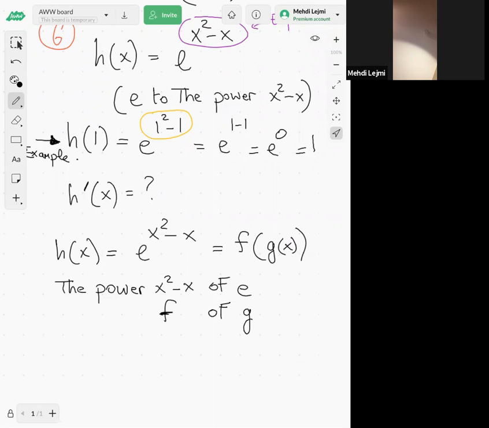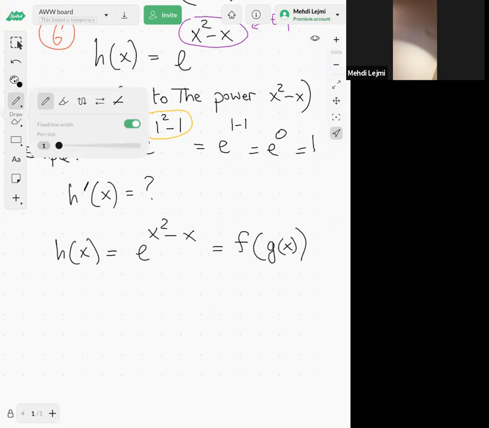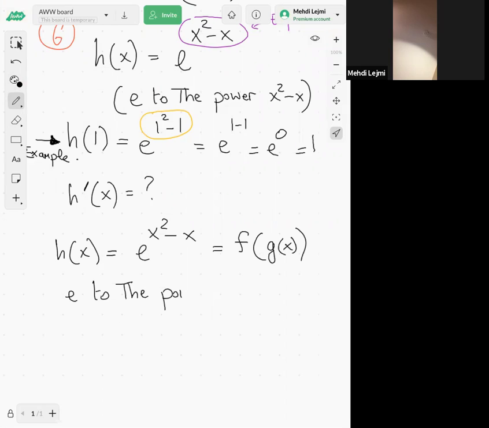So your function f, let me erase this here. So this is e to the power x squared minus x, right?